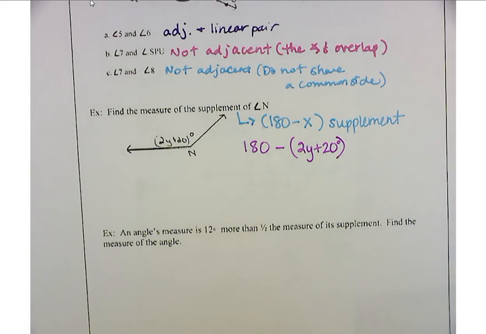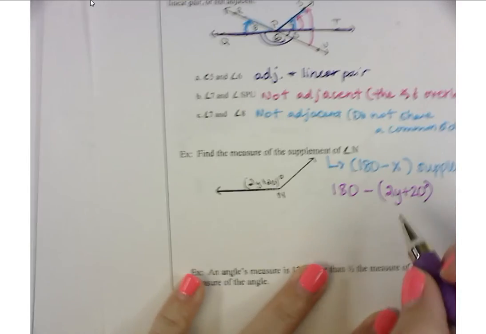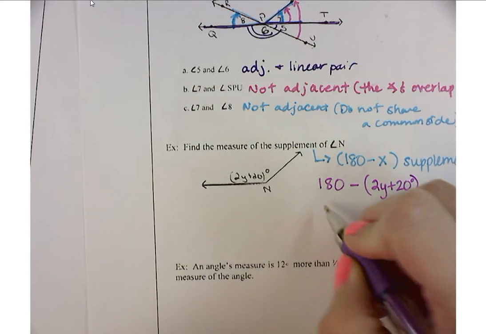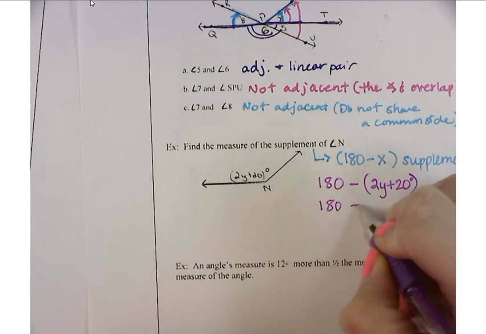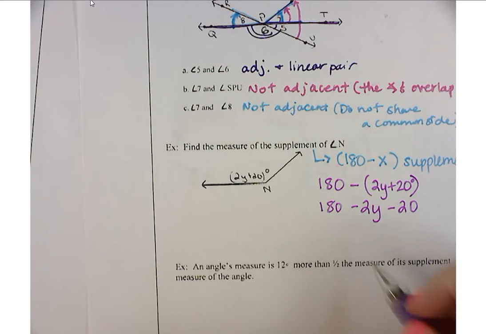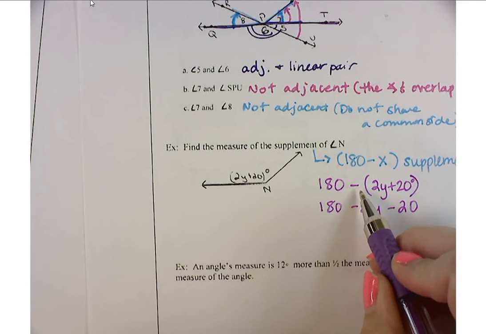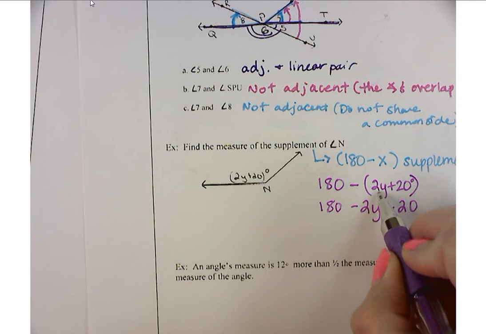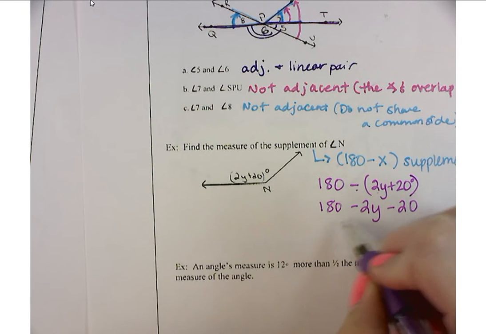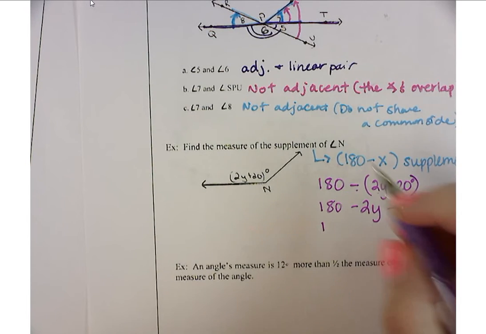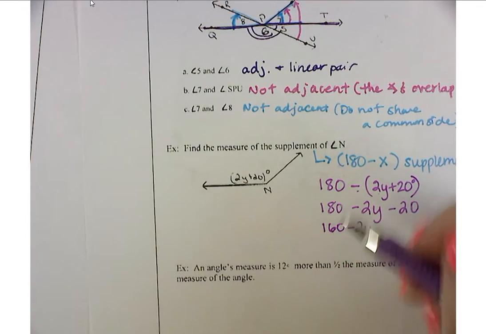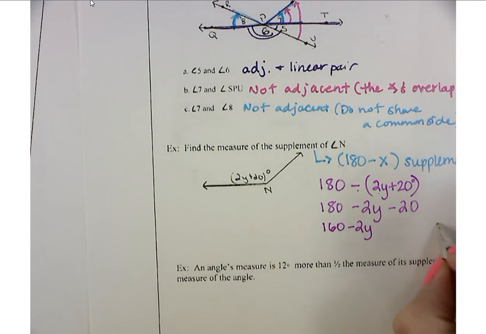Okay, so once you have your 180 minus your X value, you're going to distribute the negative. So it's minus 2y minus 20. And that's because you have to distribute the negative to both of those. So 180 minus 20 is going to be 160 minus 2y. And that's going to be your final answer.